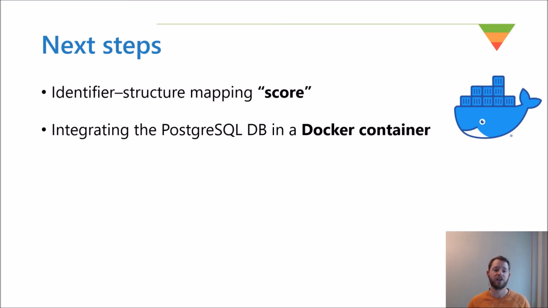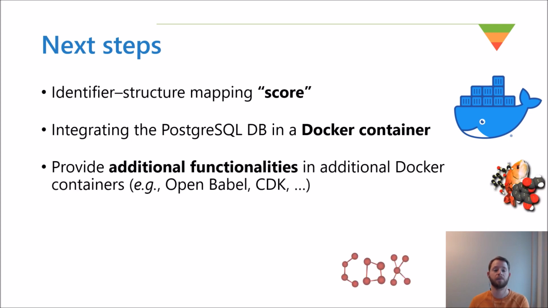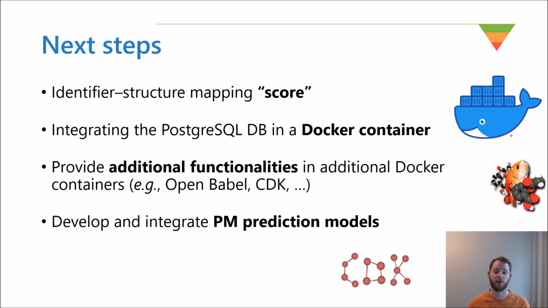We will integrate our PostgreSQL database into a so-called Docker container, which is essentially a virtual computer, if you will, so fully digital, that you can start and stop at will. And this will also greatly help migrating all of the ZeroPM database, once it's in a Docker container, into the cloud to make it more accessible. We will provide additional functionalities in the Docker containers, for example, through OpenBabel and CDK. And of course, last but not least, we will also develop and integrate PM prediction models.